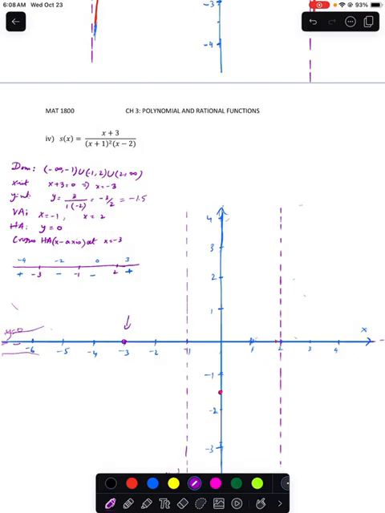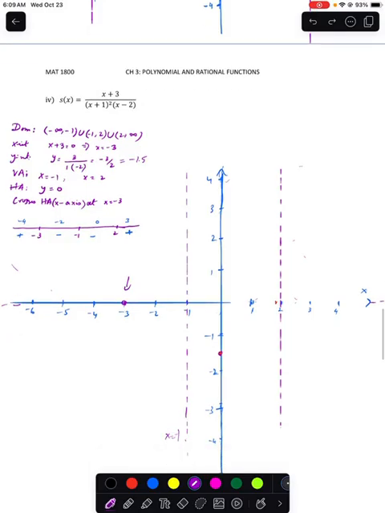So now the question is, if it is going to cross the x-axis, then how is it going to hug the x-axis when x is bigger? So we will come to this side later.